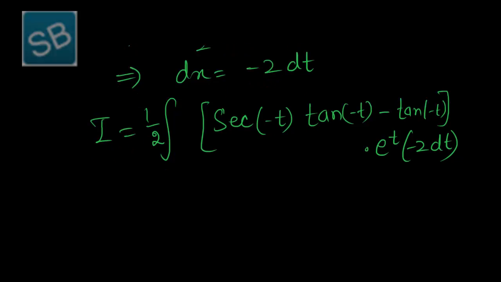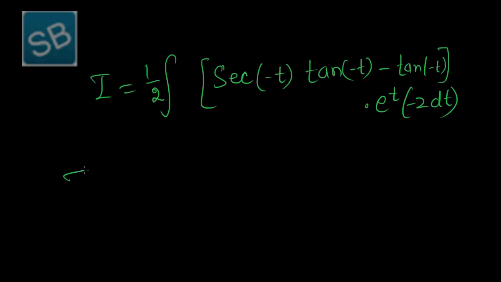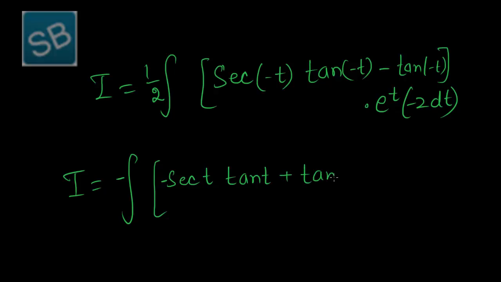Do this step very carefully. So we get I is equal to, 2 is cancelled out by 2, minus is common out, we get secant of minus t is secant t, tan of minus t is minus tan t. So as tan of minus t is minus tan t, we get plus tan t.